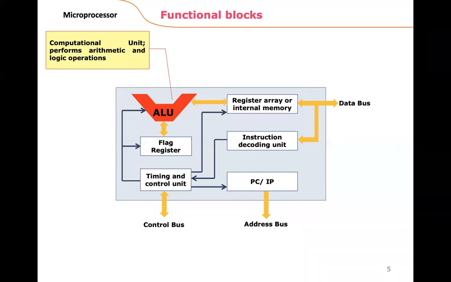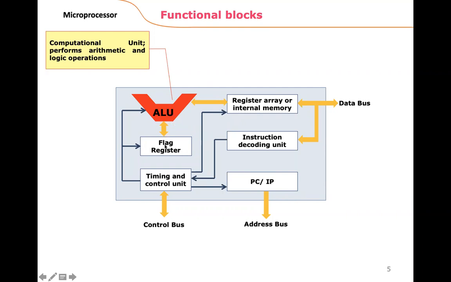So our computer microprocessor has three parts: ALU, arithmetic logic unit, the control unit, and finally the memory. So this was the functional block diagram, the common diagram.